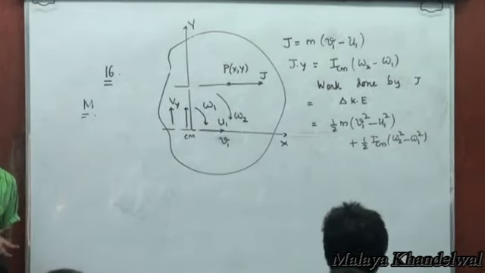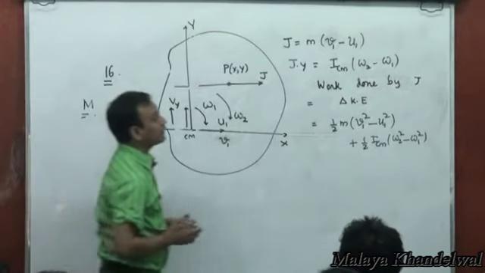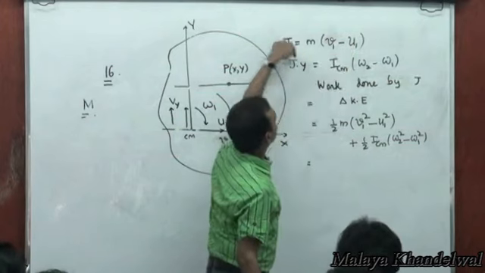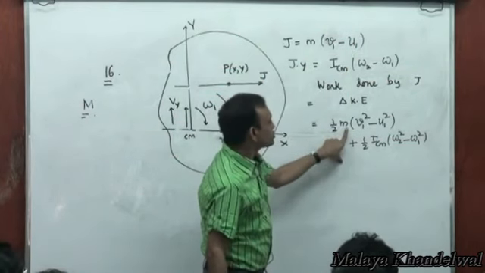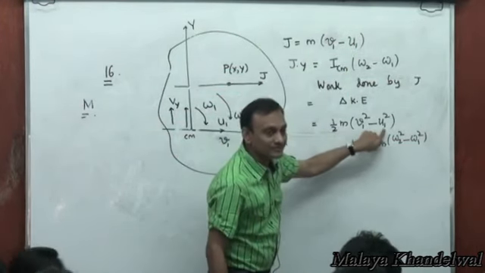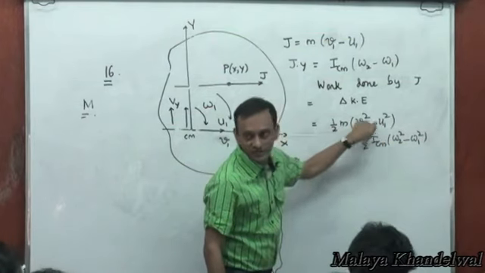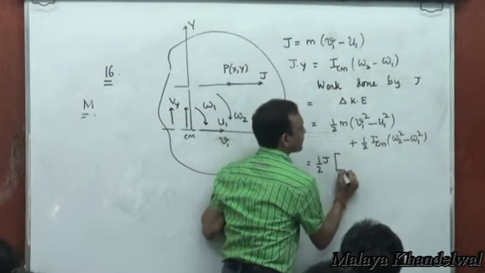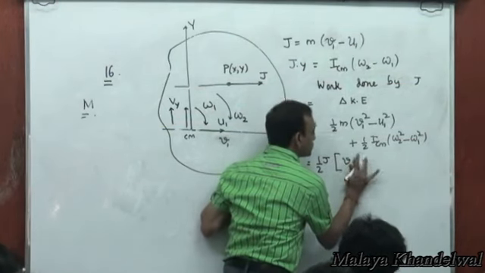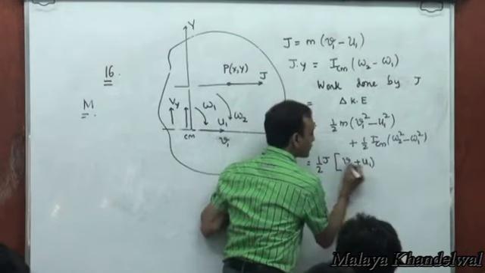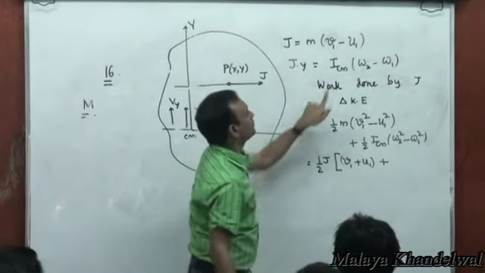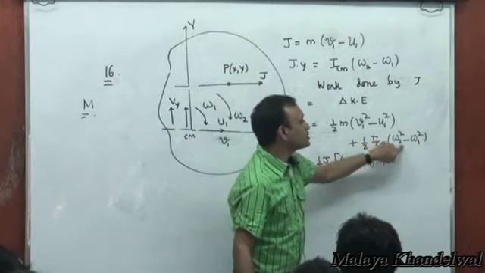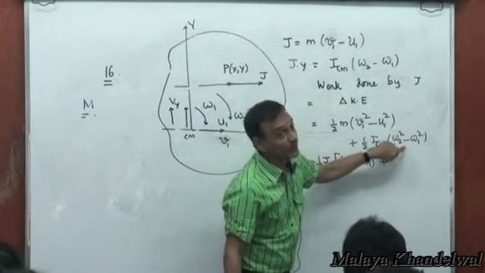This must have been the work done by the impulse, right? Realize that m into (v1 minus u1) is J. So this is half of J into (v1 plus u1). ICM into (omega 2 minus omega 1) is J into y. So this is half of J into y into (omega 2 plus omega 1).